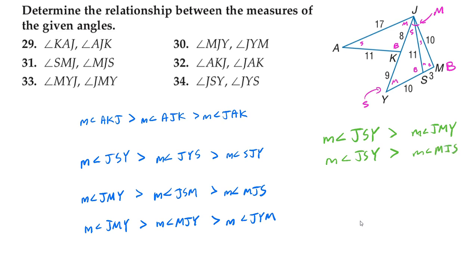All right, and then the other side, so JSM. So the measure of angle JSM, that's remote to this triangle. And so it's bigger than JYS. And the measure JSM is bigger than SJY.